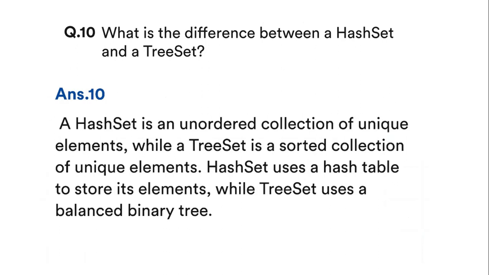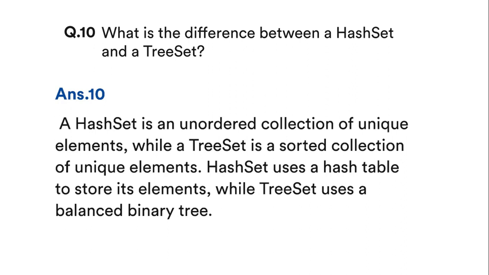So what is the difference between hash set and tree set? This question was also discussed earlier. Tree set uses a balanced binary tree, while hash set is, as I discussed, an unordered collection of unique elements. Hash set has unique elements, that means hash set does not contain duplicate elements. So that's the major difference. Tree set is a sorted collection of unique elements. Tree set also stores unique elements, but tree set data is sorted.